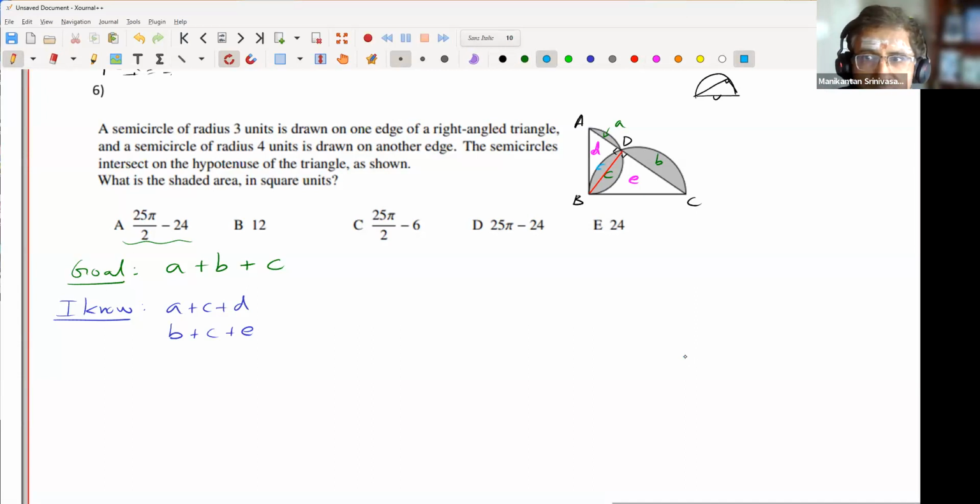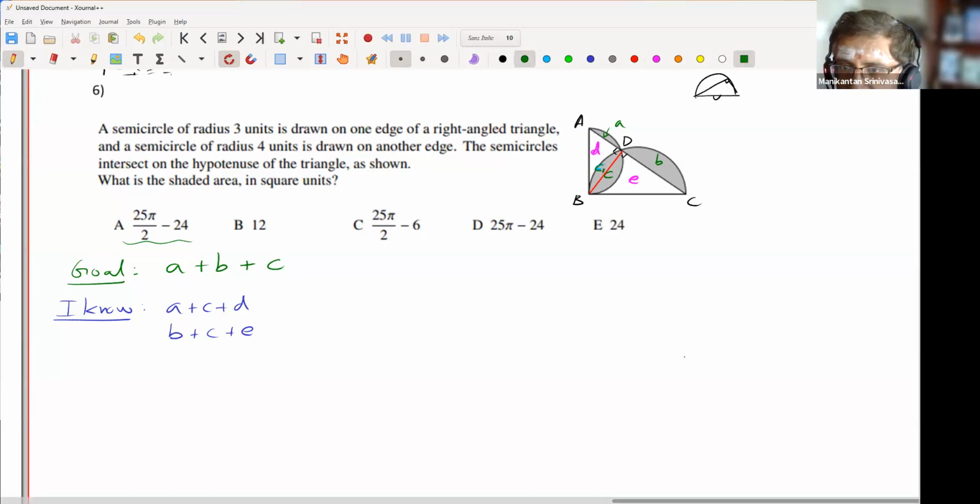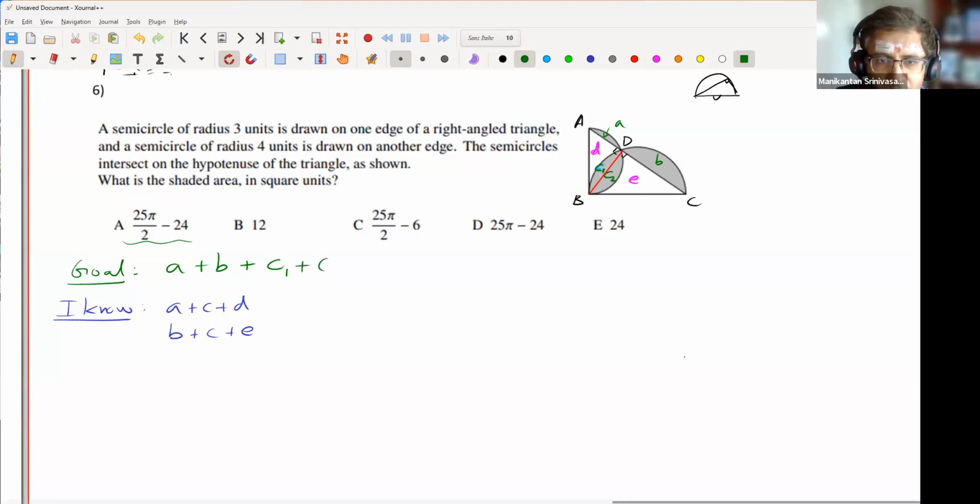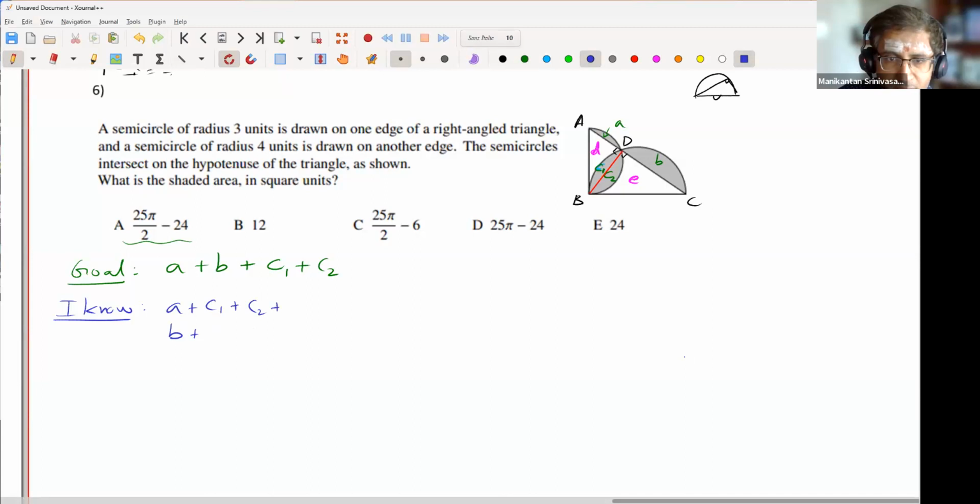So I'll just call this portion C1 and this C2. Okay. So I'll just mention here, I want this, and then I know C1 plus C2 plus D, which is one semicircle. The other semicircle is C1 plus C2 plus E.